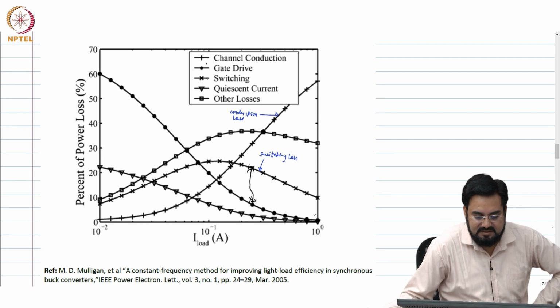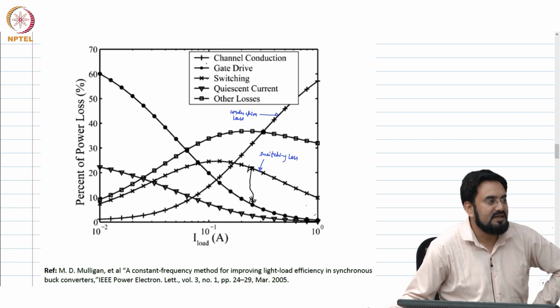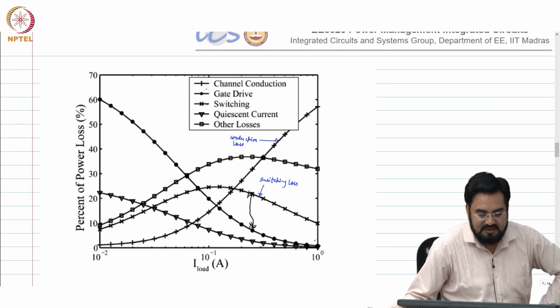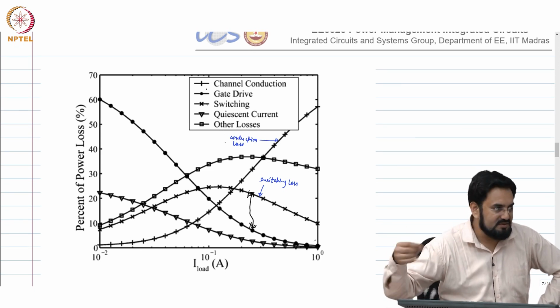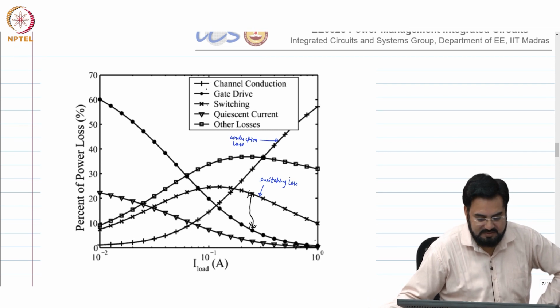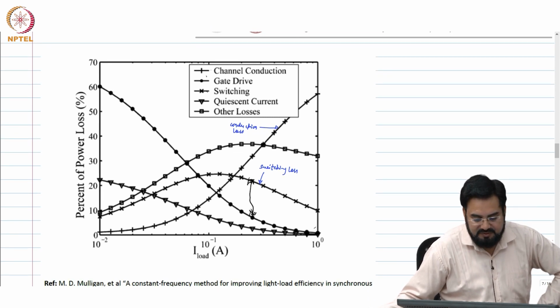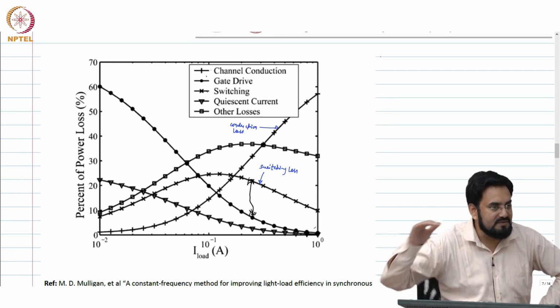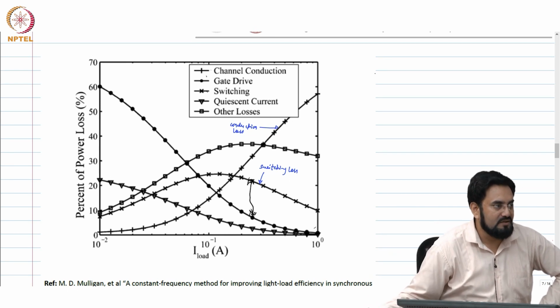As current is increasing, this conduction loss is getting higher, and the rest of the losses are associated with switching. So, I square R loss will dominate. And if you look at this loss, these are other losses that will have magnetic loss and all those actually, which they have not shown separately. If you go to higher load current, you will see this will start reducing, but this will keep increasing, because I is increasing, R is fixed. So, I square R loss will keep increasing at high load.